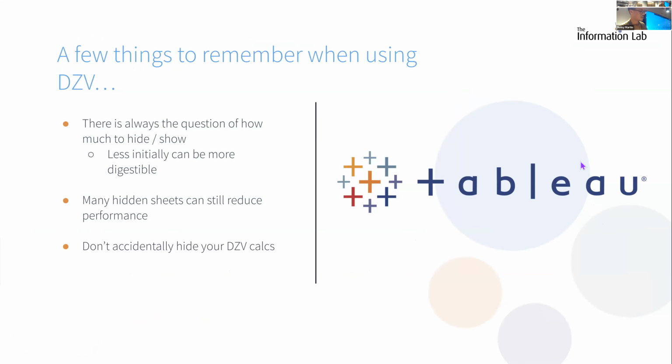A few things to remember when using dynamic zone visibility. There's always going to be the question of how much do I hide initially and how much do I show initially. I purposely created a dashboard that was showing very little, just so that we could dive into it and look at the different use cases.